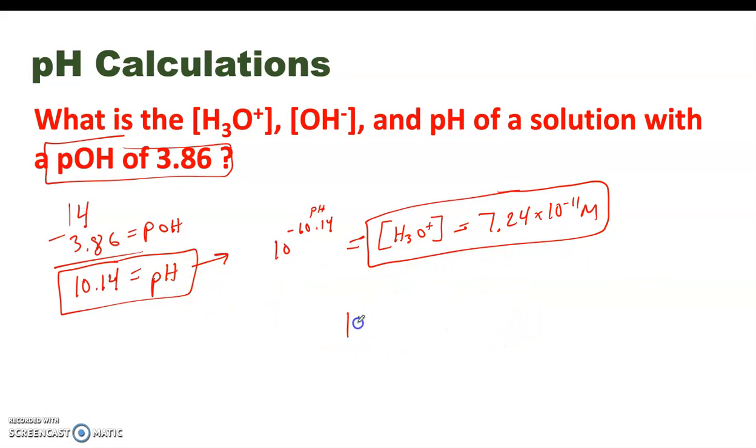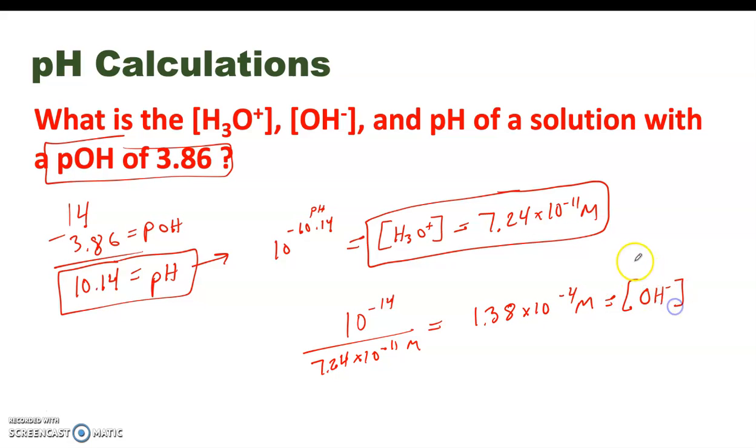Just for the heck of it, I'm going to go 10 to the minus 14 divided by this concentration, 7.24 times 10 to the minus 11 molarity. Divided by 7.24 and then E minus 11. And then I end up with 1.38 times 10 to the minus 4 as my OH minus concentration.